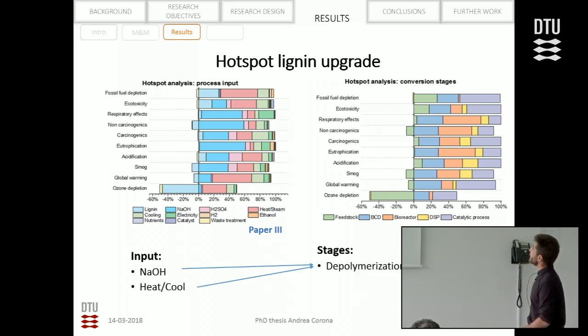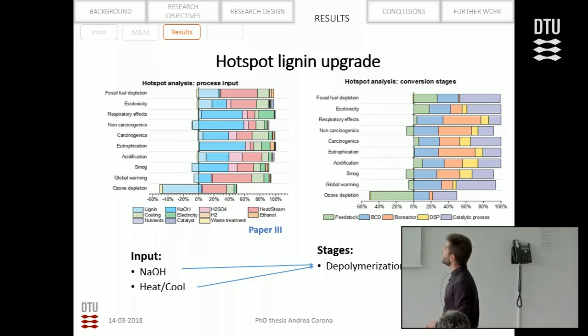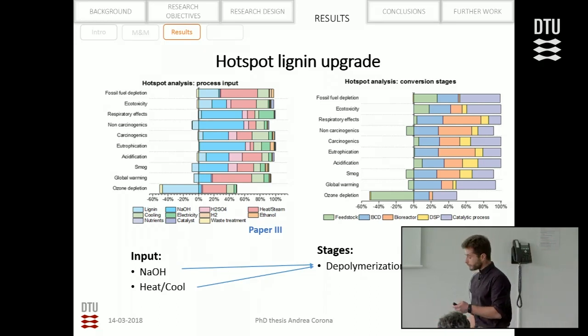If we look at the right side, we can identify that the depolymerization, which is the blue, is highly contributing to the environmental impacts, and this is due to the consumption of sodium hydroxide and the heat and cool.